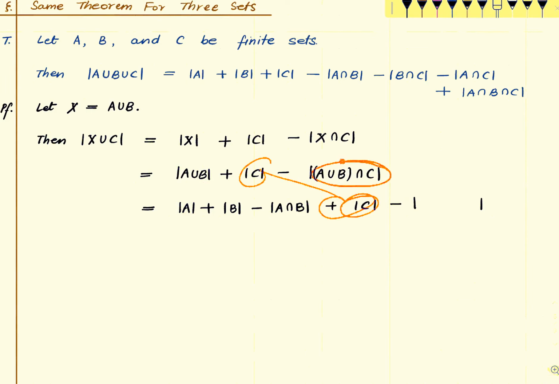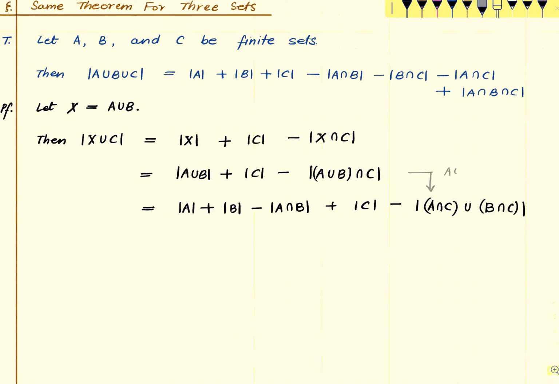And now for this, I did not mark the exercise as star, but what I'm going to use is that. So I'll spell it out, but let me write it. Here I have used the fact that (A union B) intersection C is equal to (A intersection C) union (B intersection C).